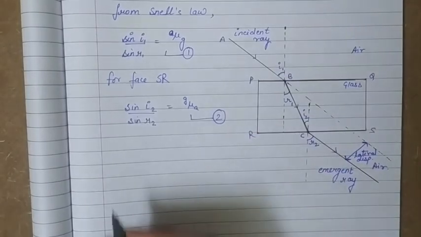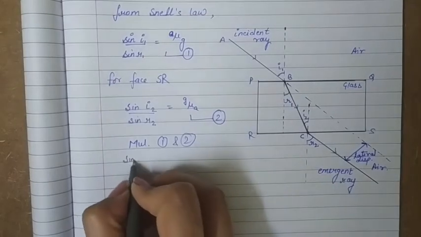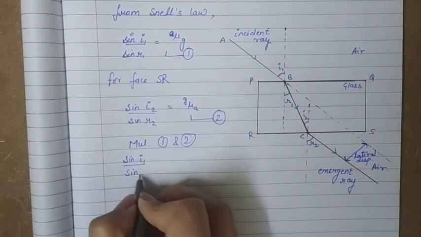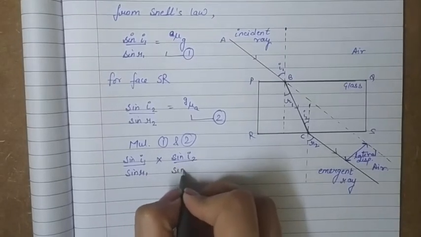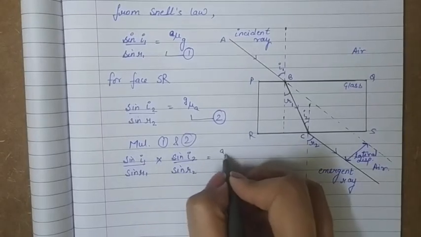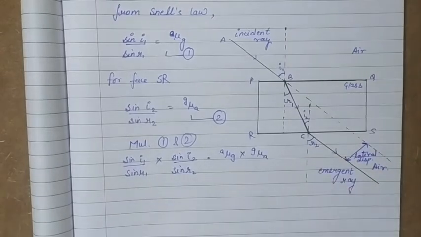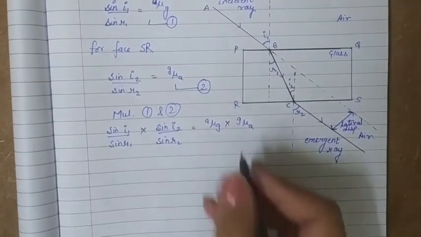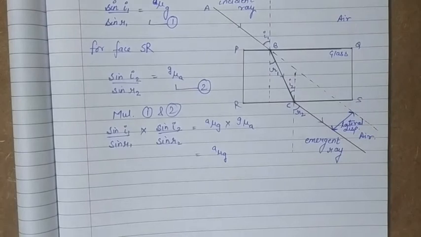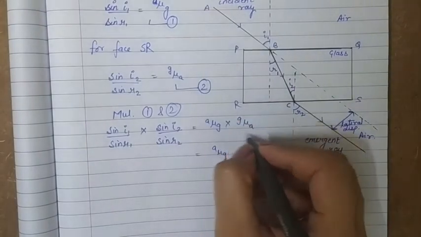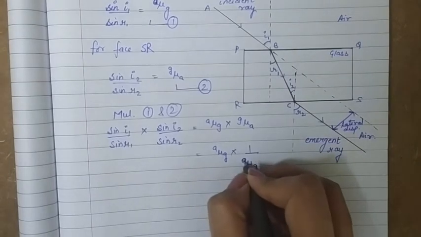Now let us multiply equation number 1 and 2. We get sine I1 upon sine R1 into sine I2 upon sine R2 is equal to A mu G into G mu A. But from the principle of reversibility, what we know is A mu G is the reciprocal of G mu A. So G mu A we can write as 1 upon A mu G by the principle of reversibility of light.